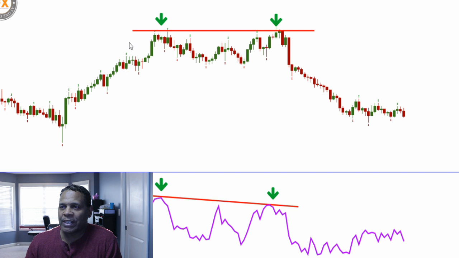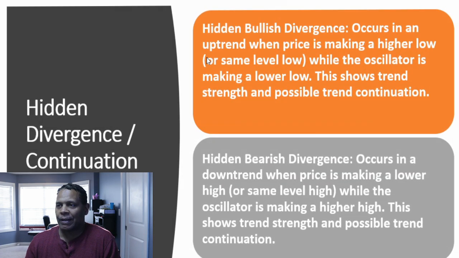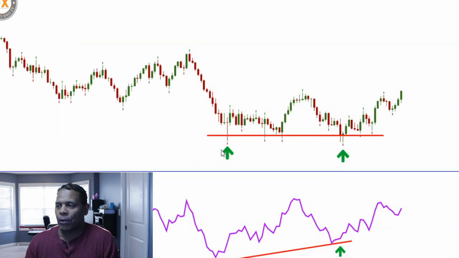And then at this point, we see bearish divergence. So the market was trending to the upside, found a resistance level, basically double tops, just like double bottoms. When you're looking at this support level, almost like double bottoms, you're looking at these lows.